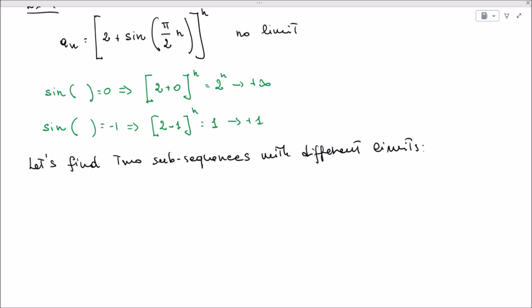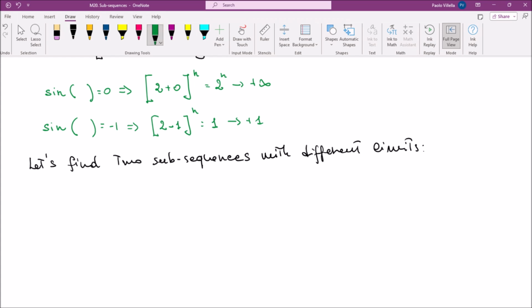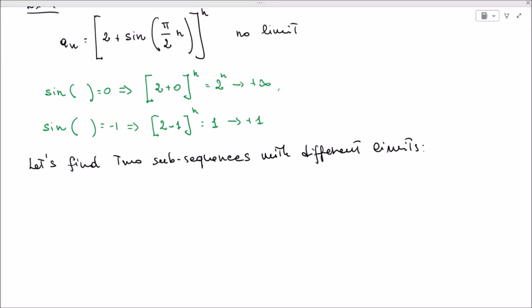Now, how can we make the sine of pi over 2 times something equal to 0?